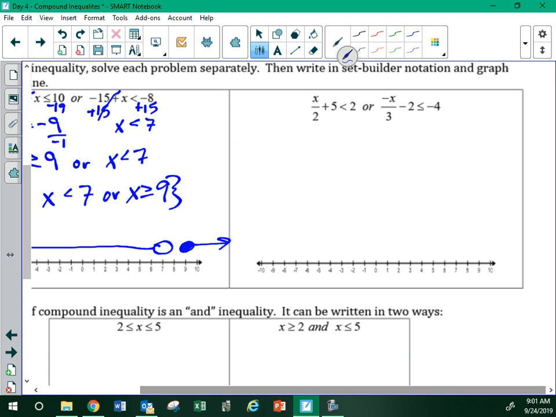Let's get rid of addition, subtraction first before we get rid of multiplication, division. If I have positive 5 plus 5, what's the opposite? It's negative 5, subtract 5. And x over 2 is less than negative 3. Just the same thing we did last class.